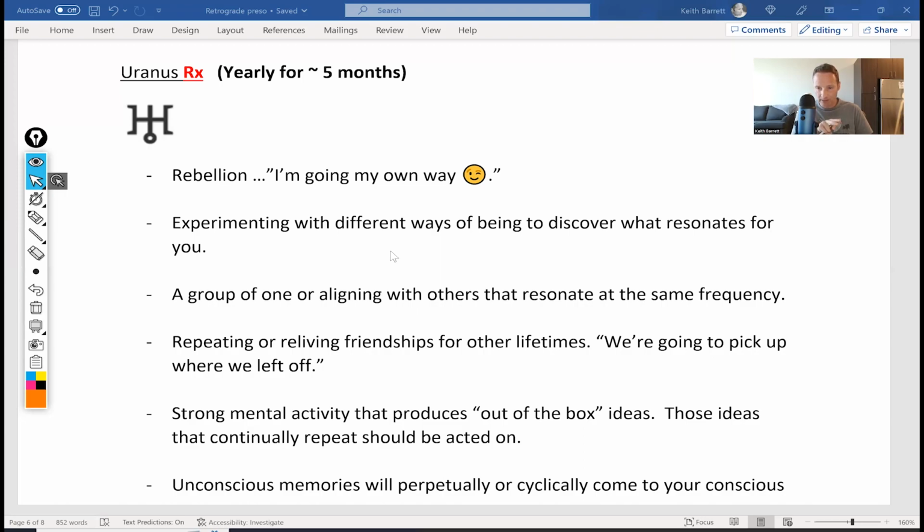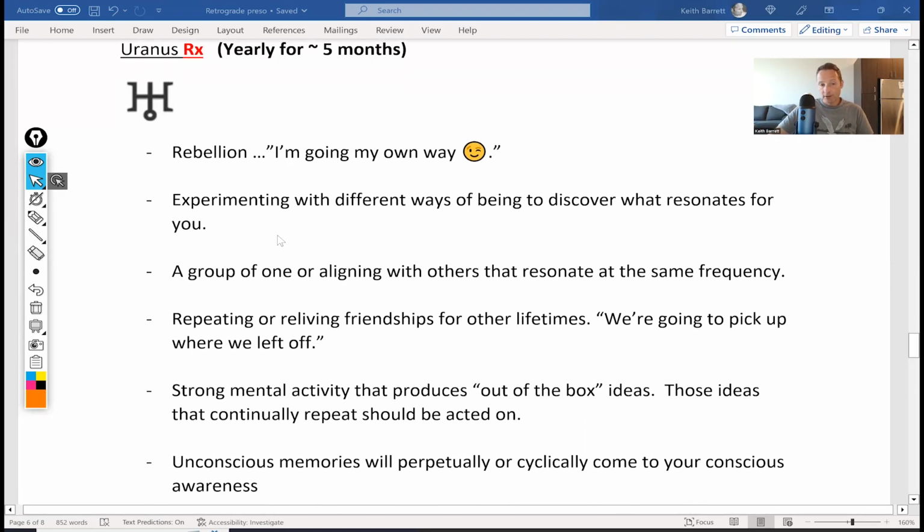So you're kind of splitting your energy. And then the other one is full Uranus retrograde, which is I'm doing me, right? I'm not going to subscribe to any people, situations, or environments that do not support how I want to express myself. And maybe collecting or becoming friends with a small subset of people that think and express in the same way that you do.